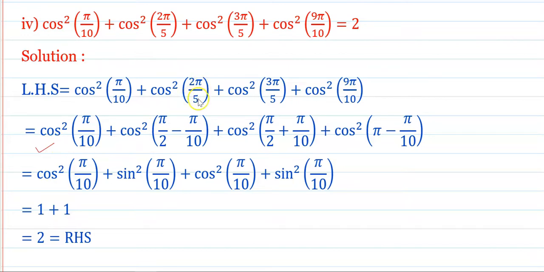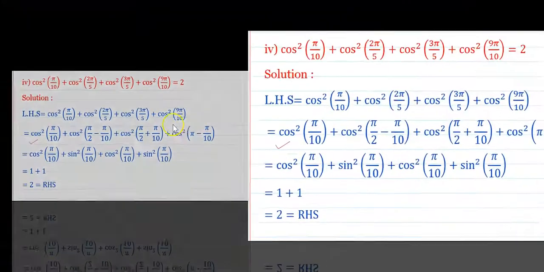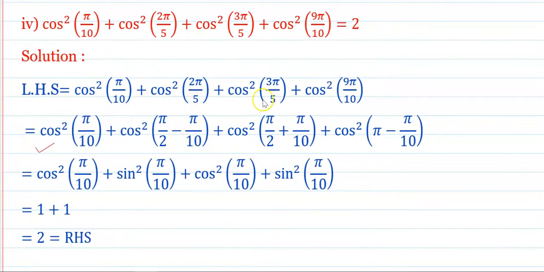Cos square 2 pi by 5 can be written as pi by 2 minus pi by 10. If we simplify, you will get 2 pi by 5. Cos square 3 pi by 5 can be written as pi by 2 plus pi by 10. And cos square 9 pi by 10 can be written as pi minus pi by 10.